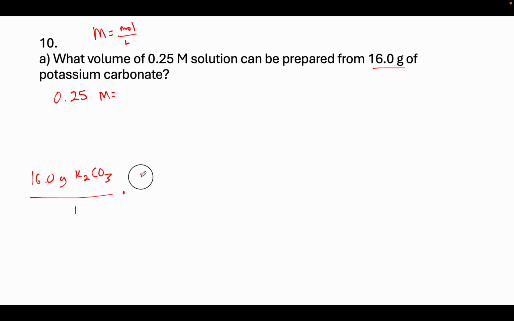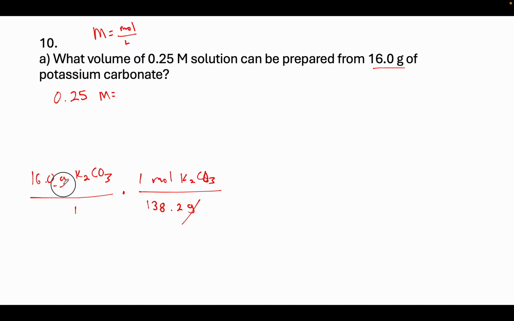So for 1 mole of K2CO3, if y'all remember this, you've got 138.204. Let's just say 138.2, let's keep it simple, 138.2 grams per mole.